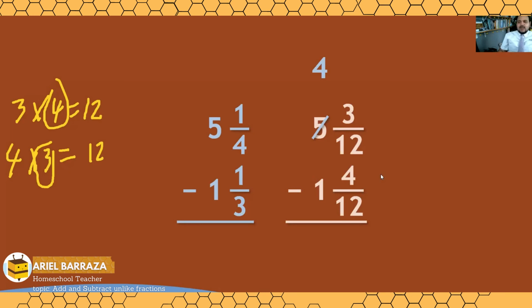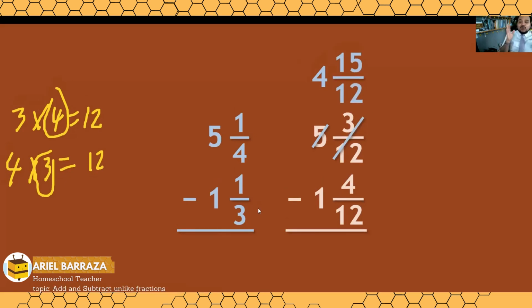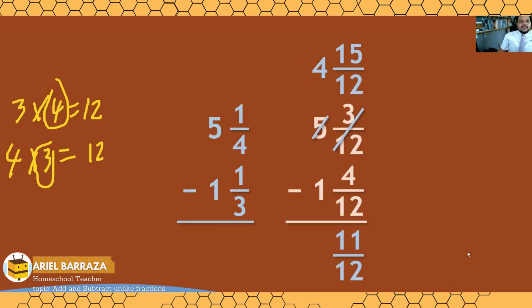So 12/12 plus 3/12 is equal to 15/12. Now, I'm able to complete my subtraction because now I have enough in my minuend to subtract 4. 15 minus 4 is 11. Thank you, Angelina. You saved my day. 11/12 is the fraction part.